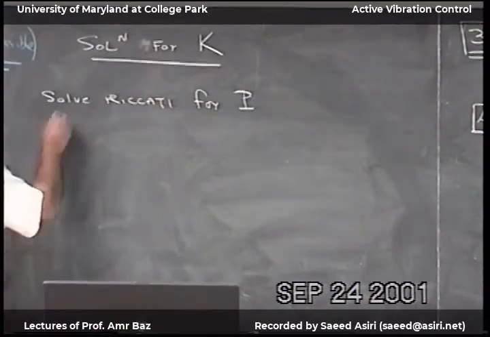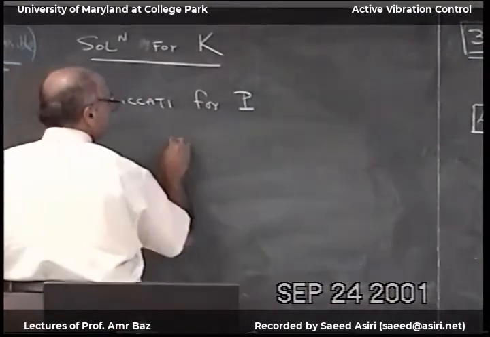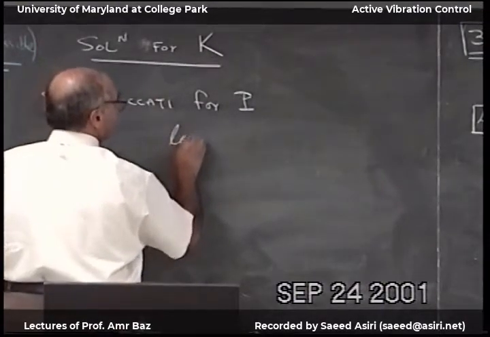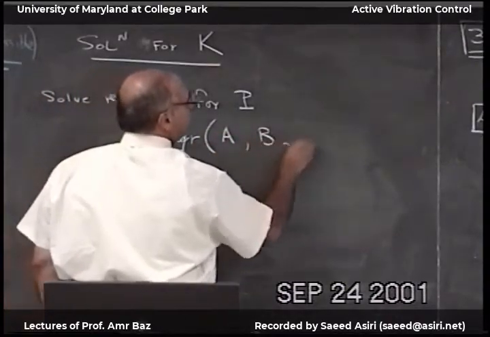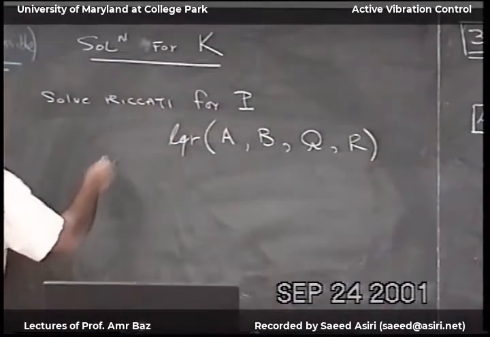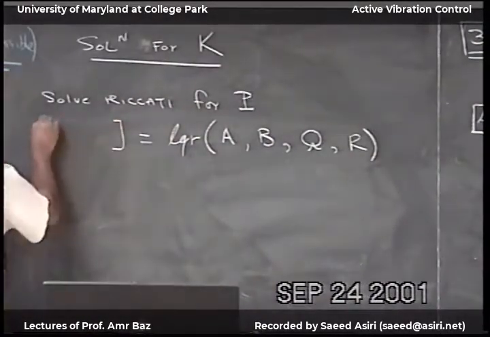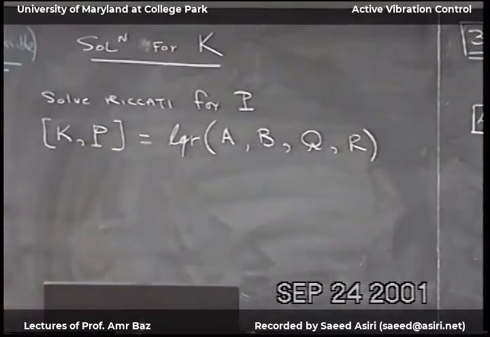Okay? To solve this, the easy way is the LQR command, with A, B, Q, and R, and then I can extract from here two things, the gain and P.